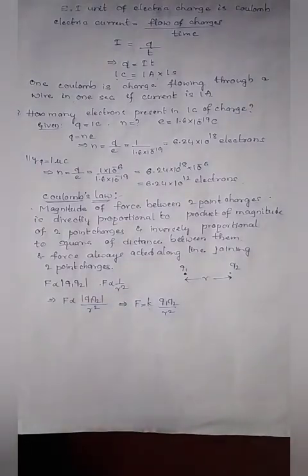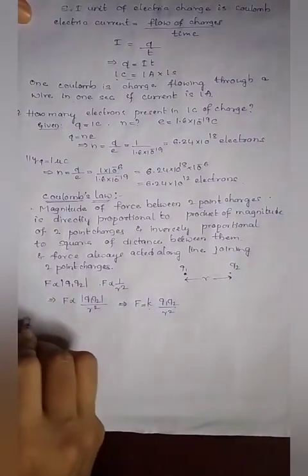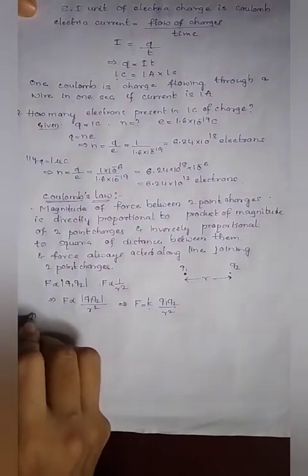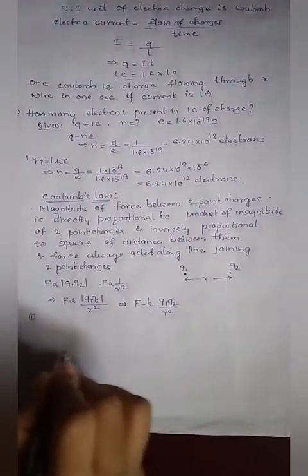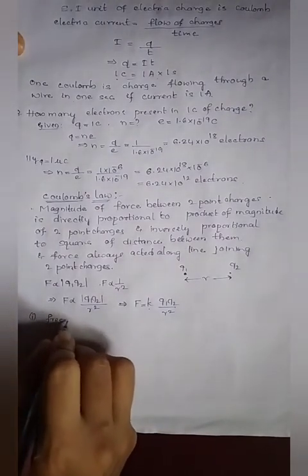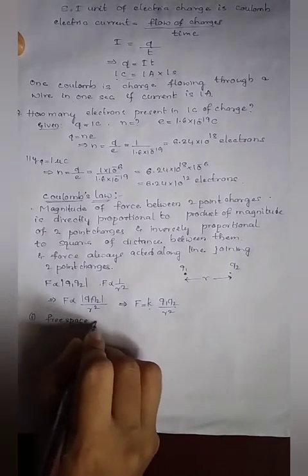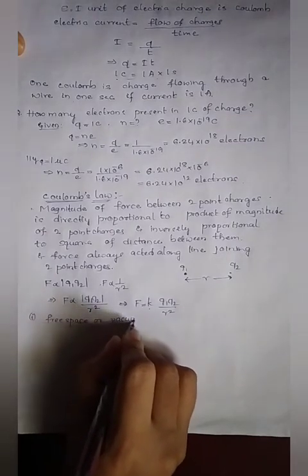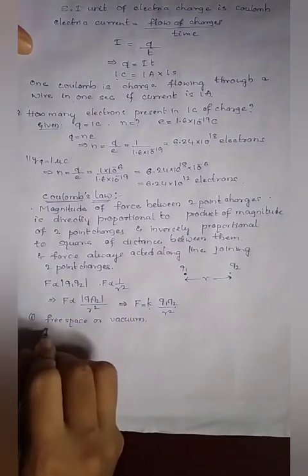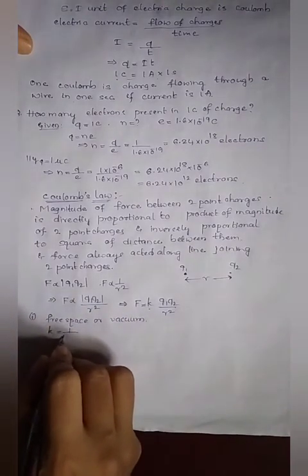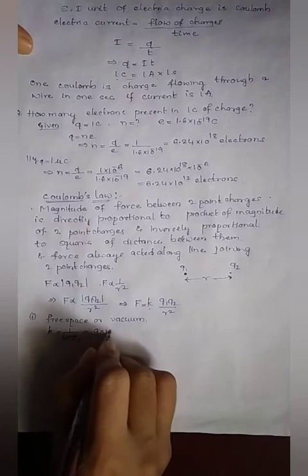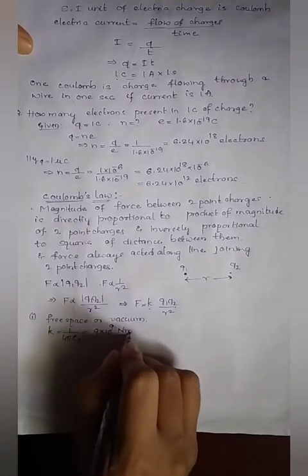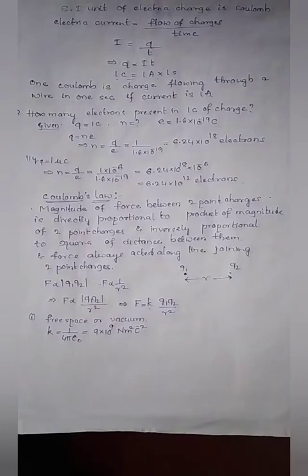Let us know what the value of this proportionality constant is. For this, consider case 1. When 2 point charges are situated in free space or vacuum, then this K value is equal to 1 by 4 pi epsilon naught, equal to 9 into 10 raised to 9 Newton meter square per coulomb square.